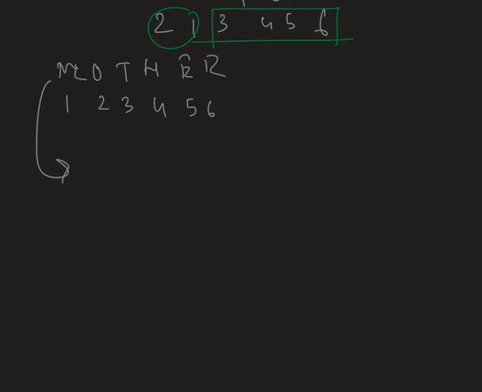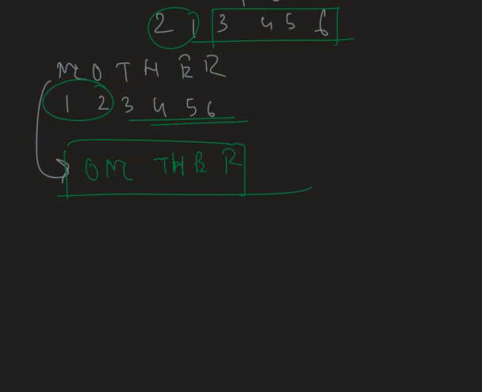Therefore we can write the word MOTHER in this way, OMTHER, that is just reverse the first two letters and leave the other letters intact. So this is our answer, and that's all for today. Thank you very much.